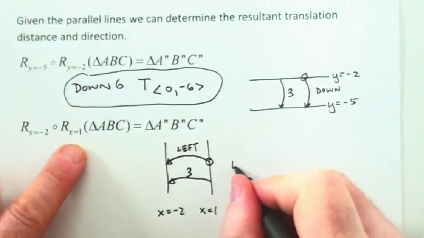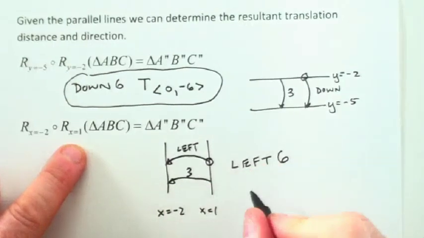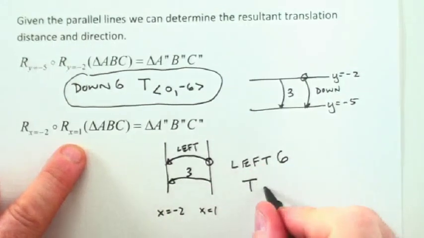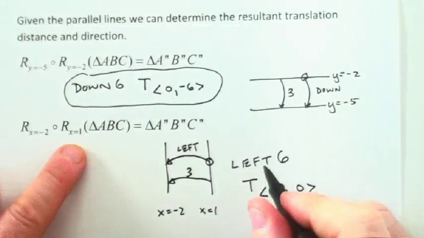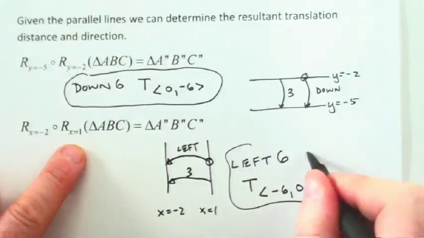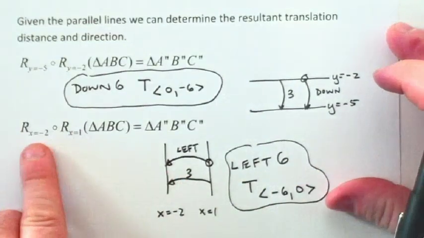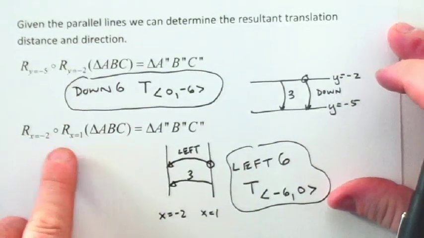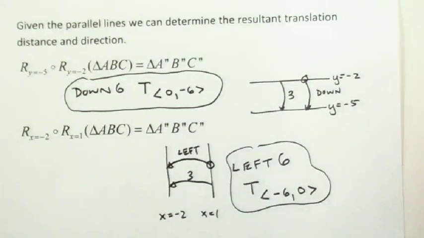So our final result will be to go left 6. So if I was creating that translation, that would be left 6 and the other y value would stay the same. Direction is determined by the order they're done in. Distance is determined by double the length between the parallel lines.